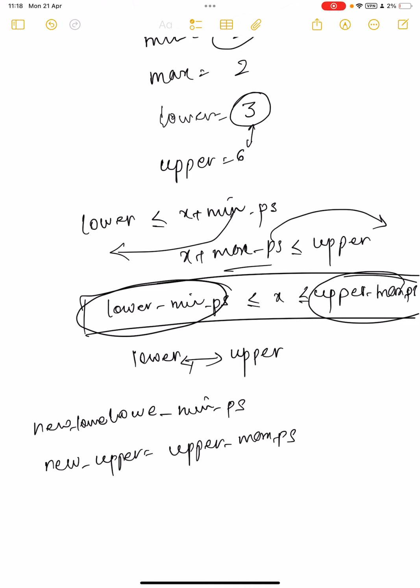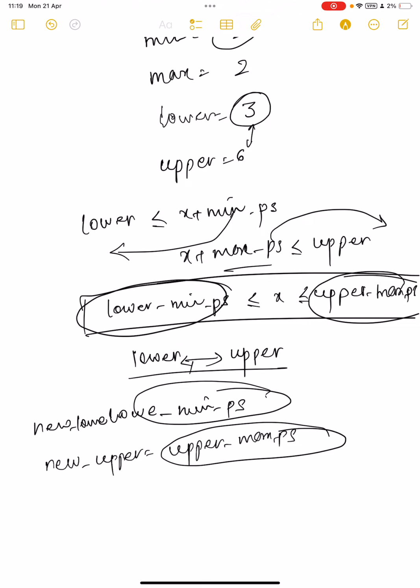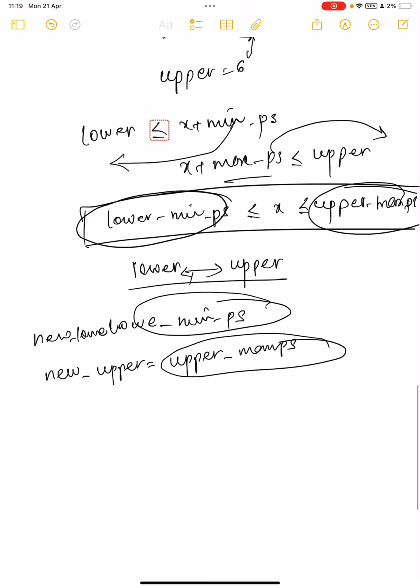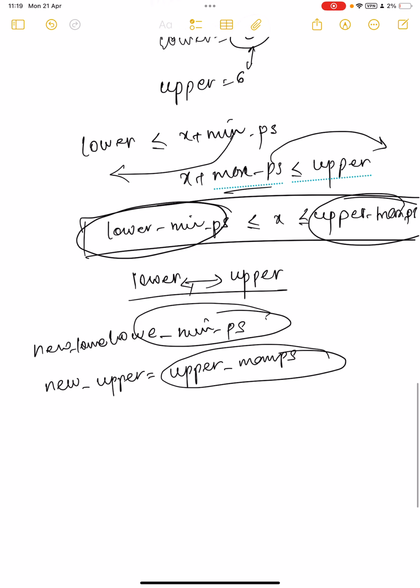So if I can find all the numbers which lie between these two, then that becomes my answer. Now let's take the existing example, where we had this differences array which is 1, minus 3 and 4. My existing lower limit was 3 and upper was 6.